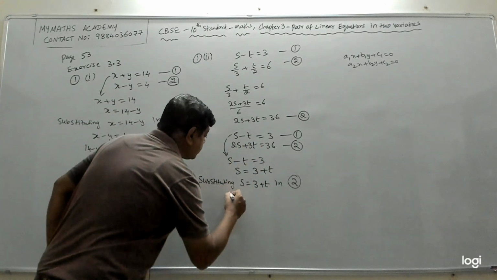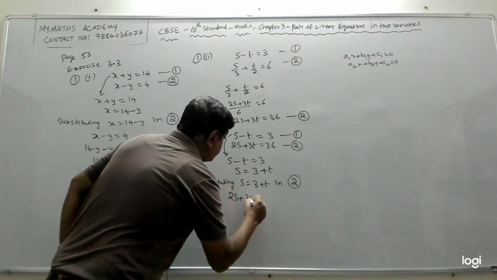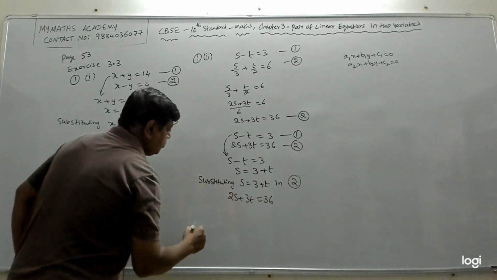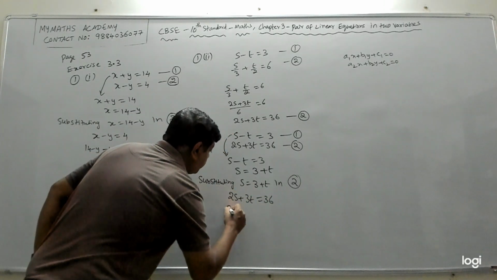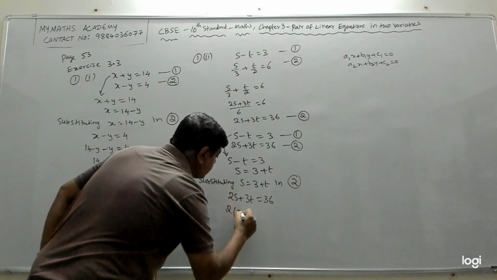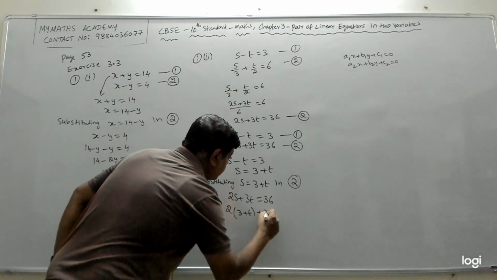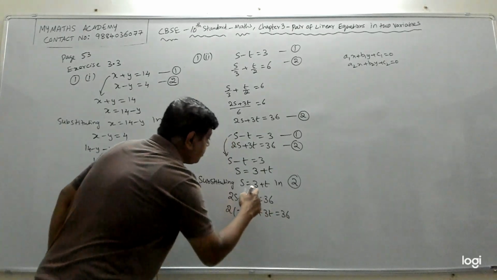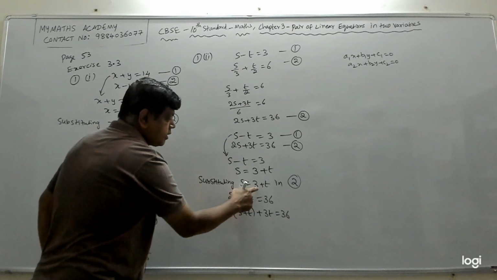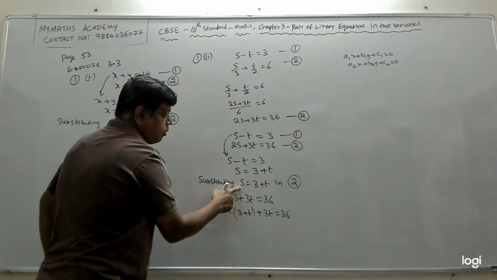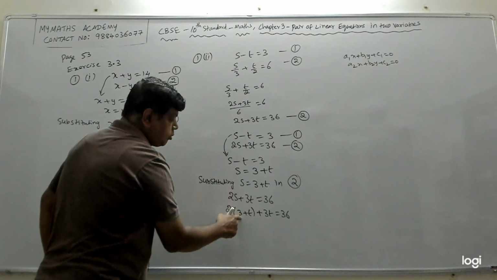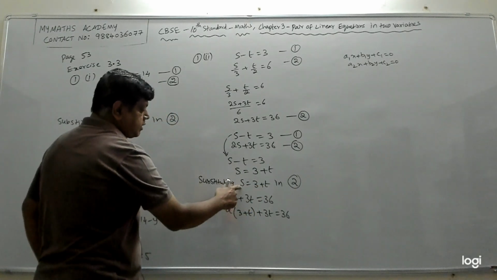So what is equation 2? The second equation is 2s plus 3t equal to 36. Then we will have 2 into (3 plus t) plus 3t equal to 36. Here you have to be careful. Whenever s is written in terms of two terms, you have to put a bracket. So instead of s, I am putting 3 plus t.